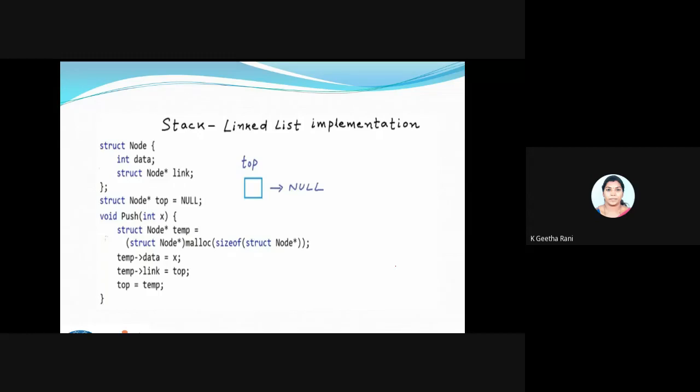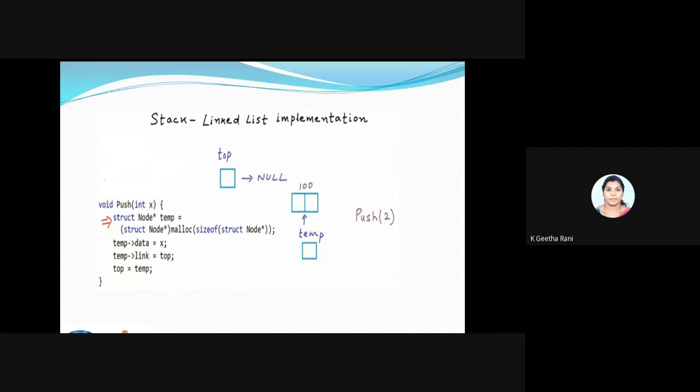Then I have to match the data and the address of this particular node. So we will see the first word in my push. I'm using a function called void push, passing a variable, an argument, for my push. Now I'm trying to create a node.